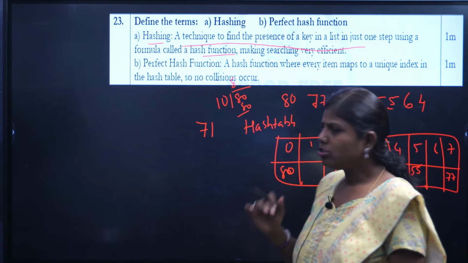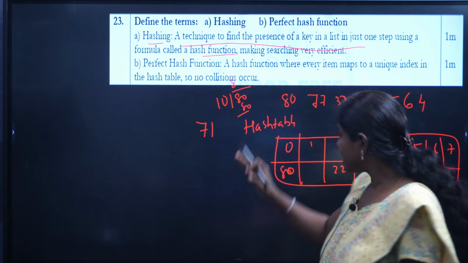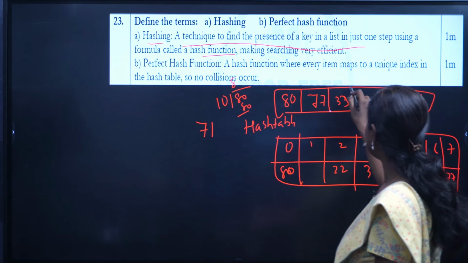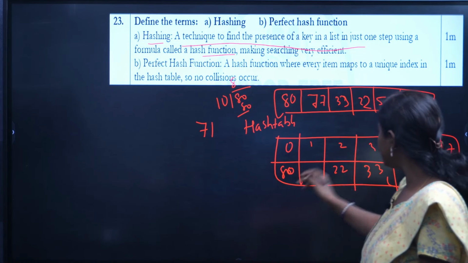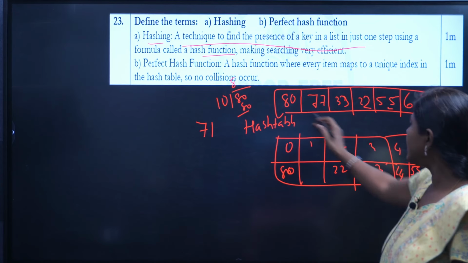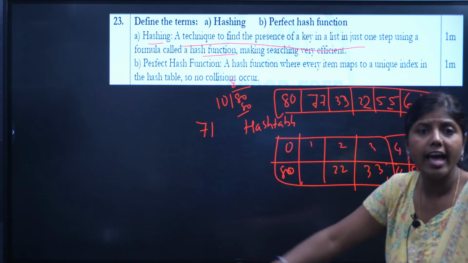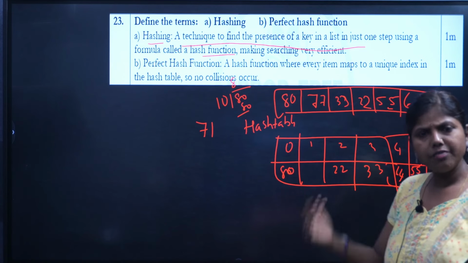Okay, now let's consider this example only. I have this beautiful example: 80, 77, 33, 25 and 64. Each and every element in this list has got a different hash address. Hash address means index, a different index only it has got.